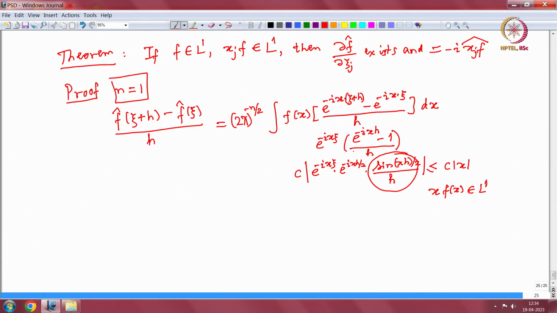Fill in all the details here. The important thing is we have to keep track of the factor here. This is for the estimate, but just look at the factor: as h tends to 0, we get minus i x.